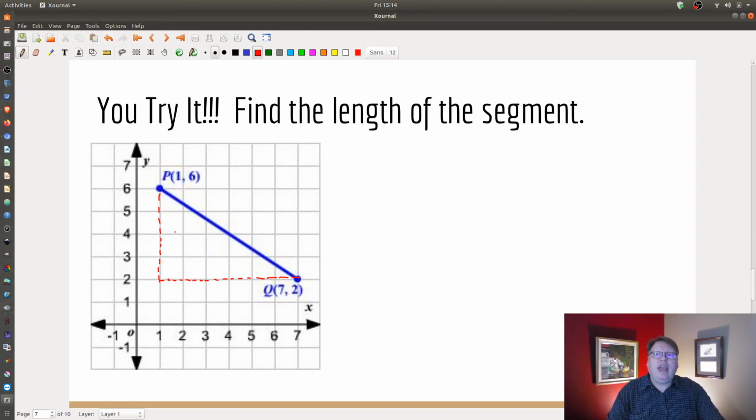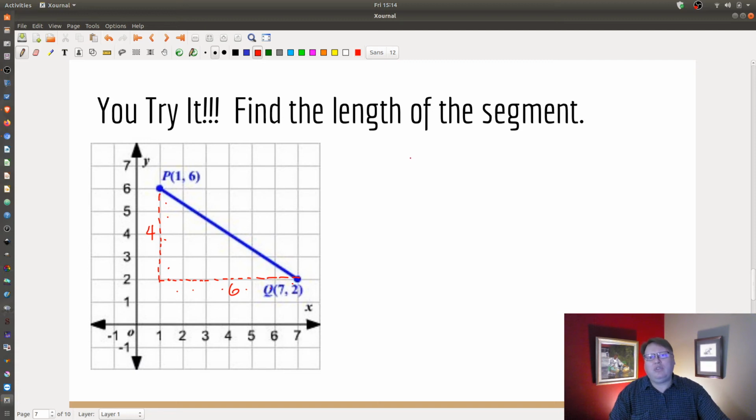Then I want to count the distances on my side measures. So I have 1, 2, 3, 4. Wow, that seems to be the theme today. And then here is 1, 2, 3, 4, 5, 6. So that is a 4 and a 6.